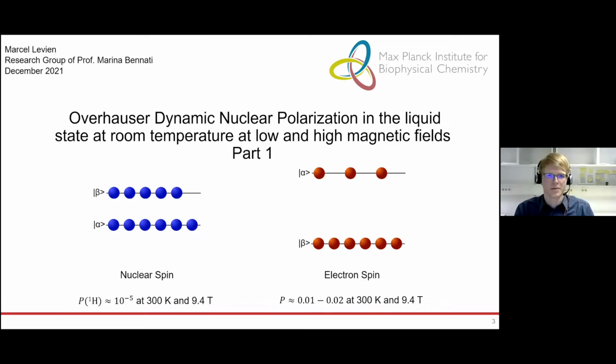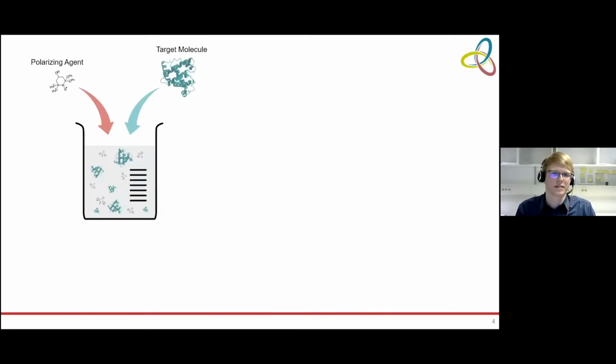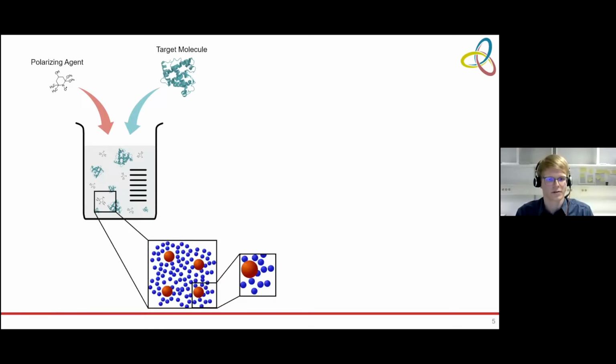The way we do that in liquids at room temperature is we take a polarizing agent that can be a small organic radical. We put it together with our target molecules, and then we can look a bit inside at what happens. Now you see in red the electron spins and in blue the nuclear spins. They are depicted not to their actual size, but rather to their magnetic moment. You can see that they tumble and flow and they come close to one another, so they will have interactions.